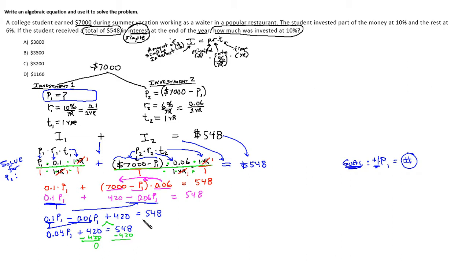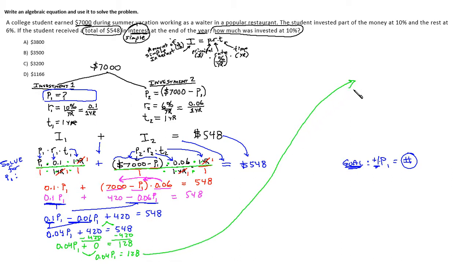On the right side, we have 548 minus 420 equals 128. 0.04 P1 plus 0 makes 0.04 P1 equals 128.